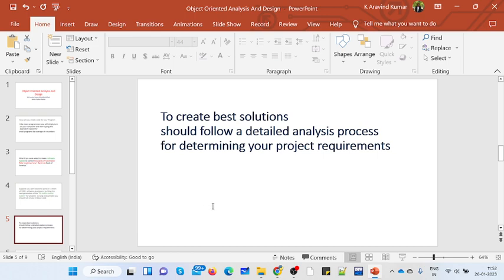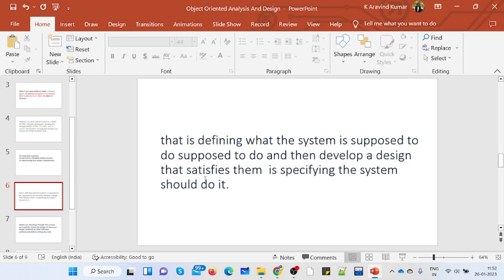To create the best solutions, you should follow a detailed analysis process in determining the project requirements. Sketching up project requirements is very, very important. So you go through a very detailed analysis process, defining what the system is supposed to do, and developing a design that satisfies these requirements.